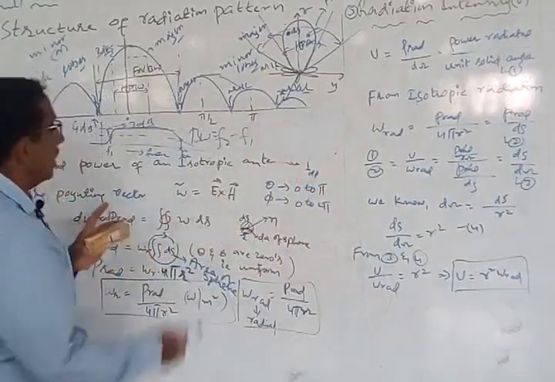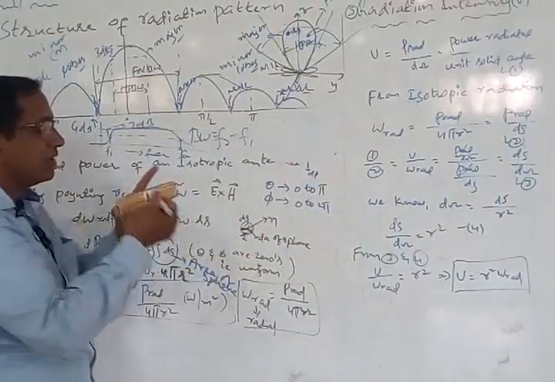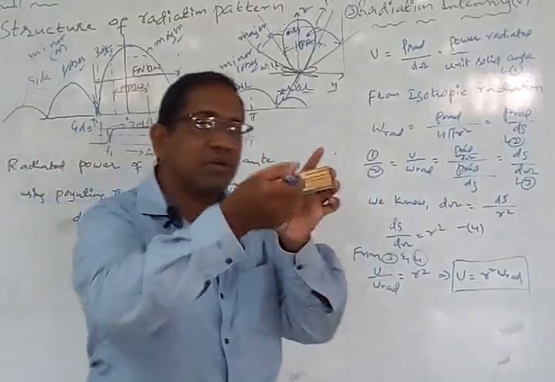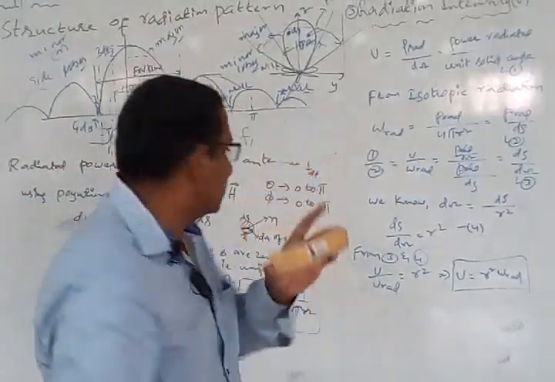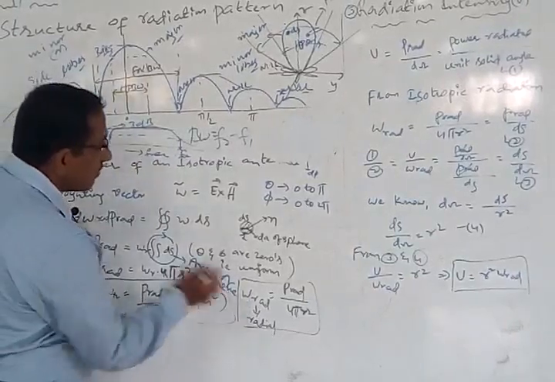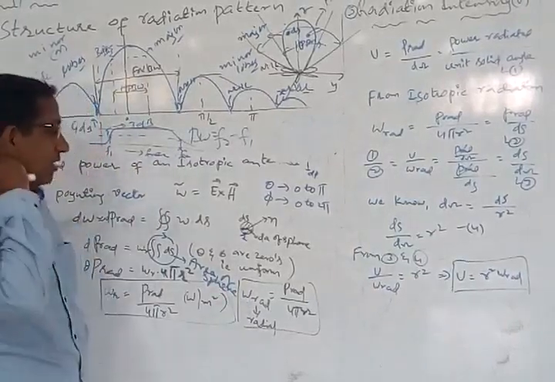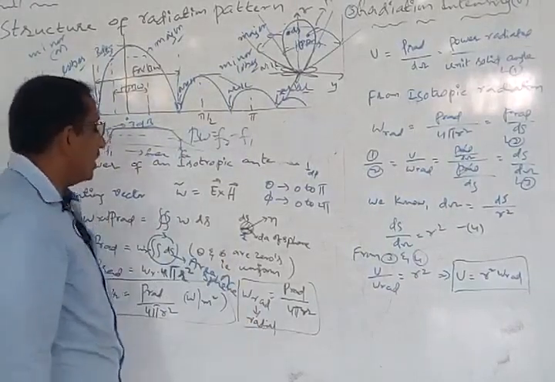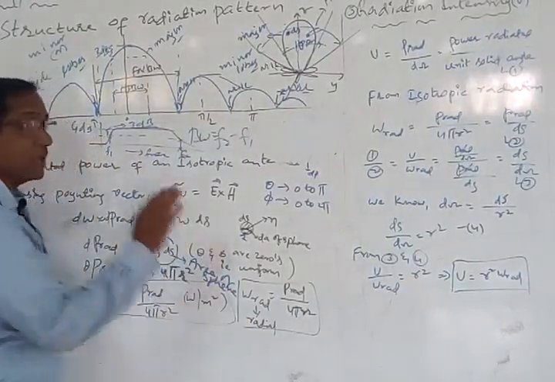So like this, from this particular differential surface, many flux lines are emerging out. That is what we are considering here. Therefore this power I can call a radial power, which is emerging out of this particular surface, and it is equal to the differential radiated power by an antenna.